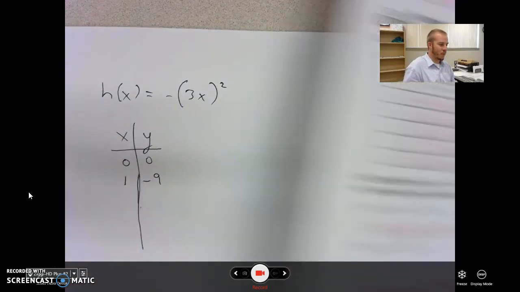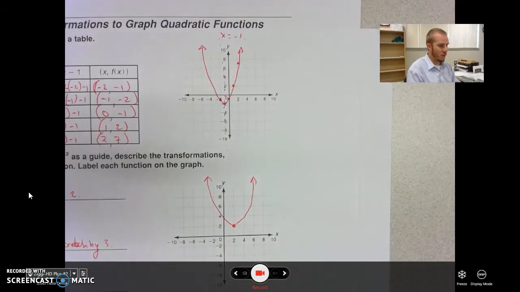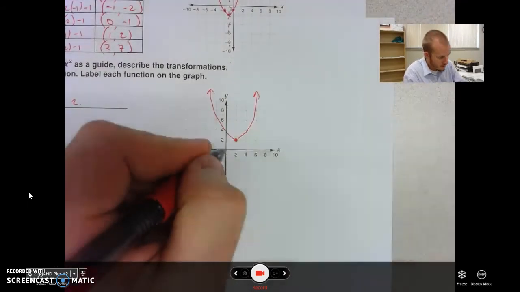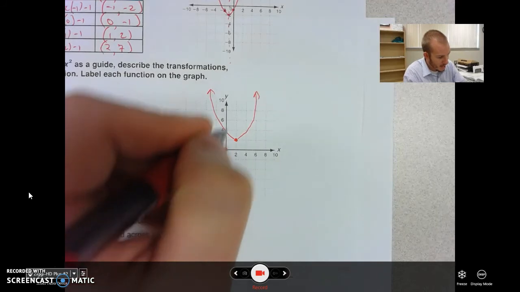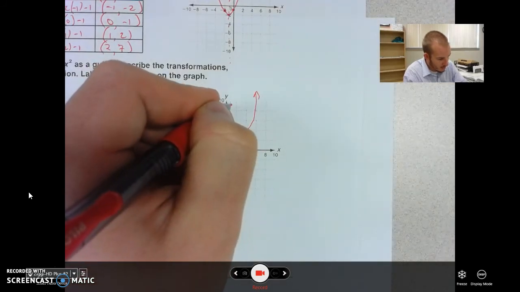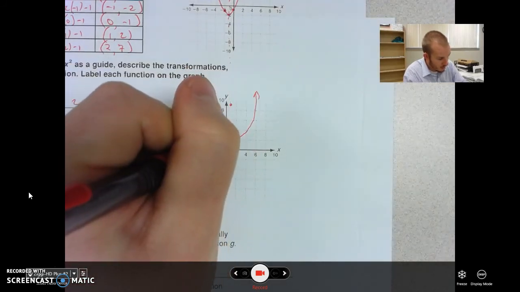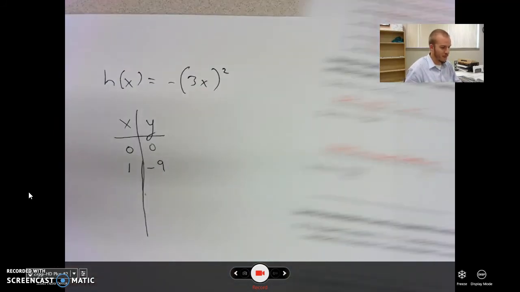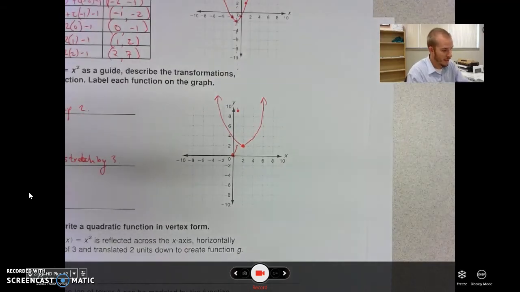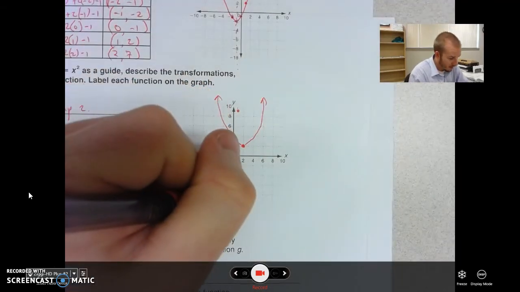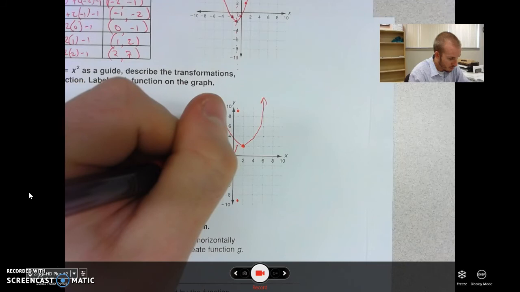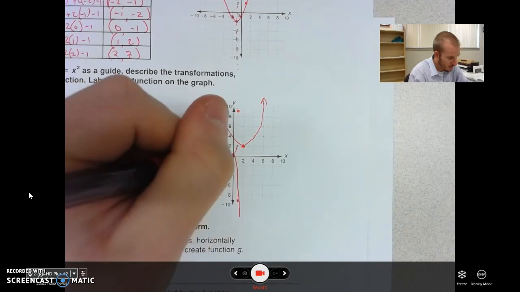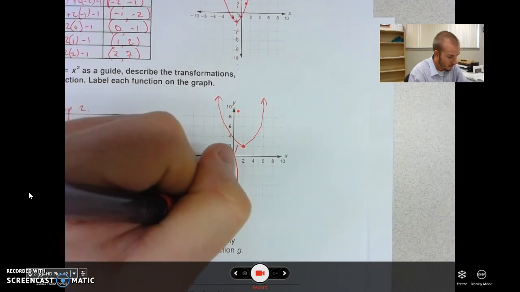So on my graph over here, I'm going to get 0, 0, and then 1 comma 9. And so as you can tell, I have stretched this graph out. Whoa. 1 comma negative 9. Oopsie daisy. That point shouldn't be there. 1 comma negative 9. I knew it should be going upside down. That's why I knew something was wrong. And so it's going to look like this. We stretched it way out.